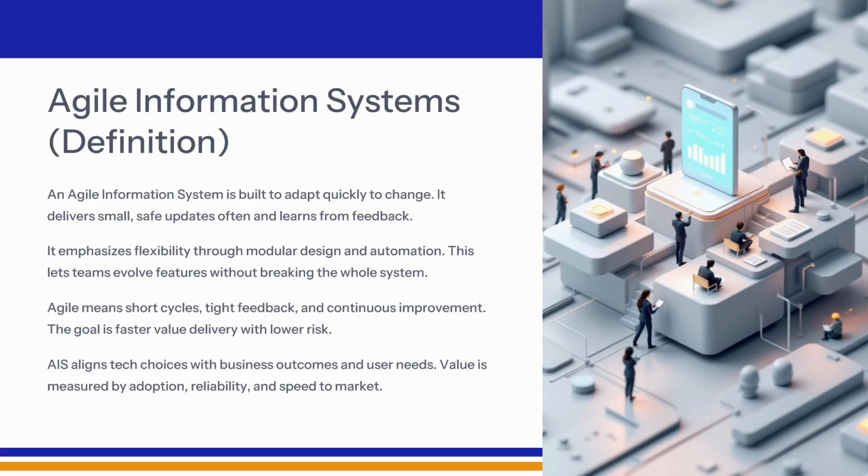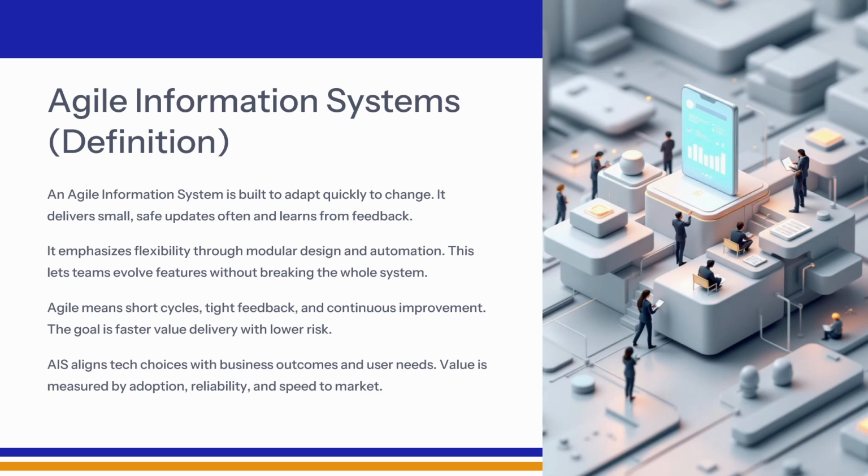So, first we have to understand what is an Agile information system. An Agile information system is built to adapt quickly to change. It delivers small, safe updates often and learns from feedback.